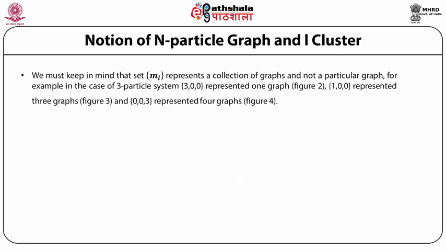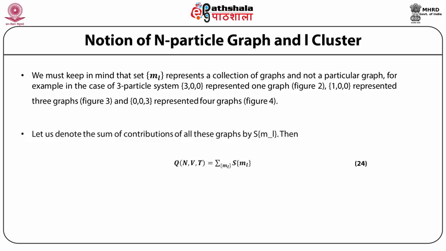We must keep in mind that the set ML represents a collection of graphs and not a particular graph. For example, in the case of 3-particle systems, the set 3, 0, 0 represented 1 graph, figure 2, the set 1, 1, 0 represented 3 graphs, figure 3, and 0, 0, 1 represented 4 graphs, figure 4.